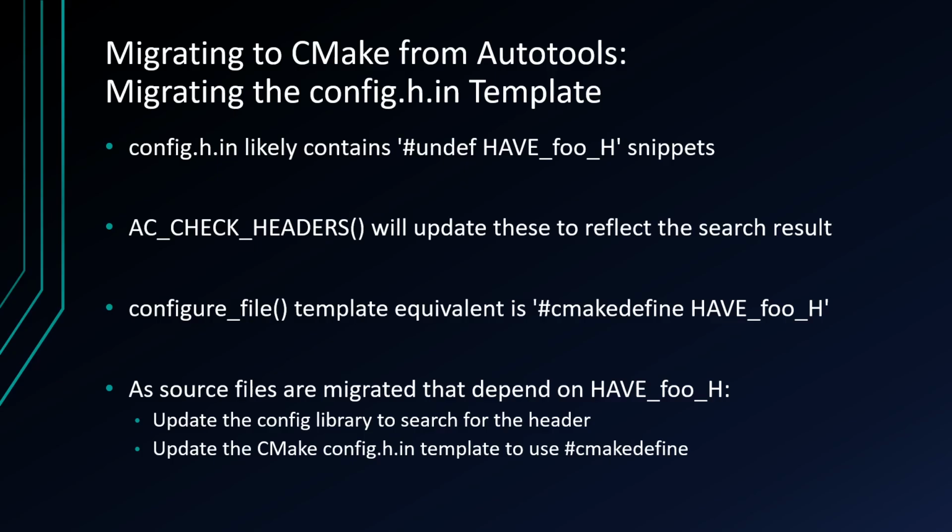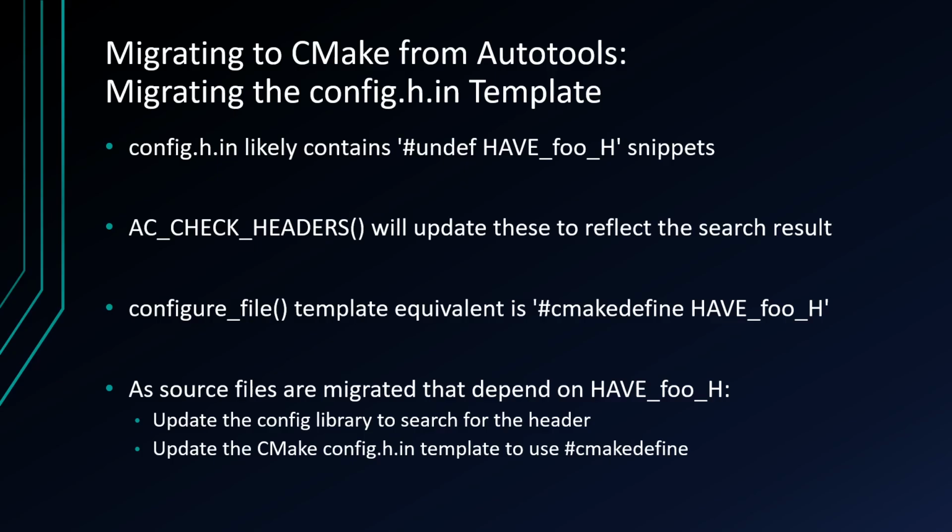In configure_file, the mechanism is similar, except there's a different syntax. You write #cmakedefine HAVE_FOO_H, and when configure_file runs, if HAVE_FOO_H is a variable that has a truthy value, and there's a couple different values that can evaluate to true in CMake: ON, TRUE, a non-empty string. Those all evaluate to true. It's kind of like Python in that regard.